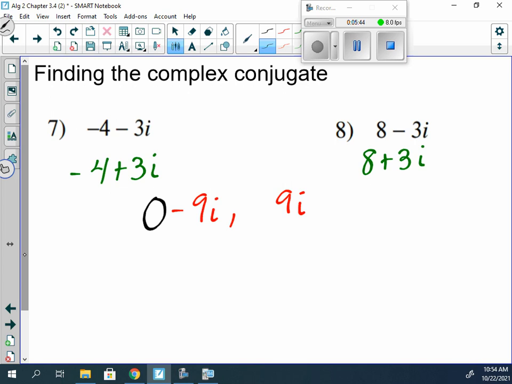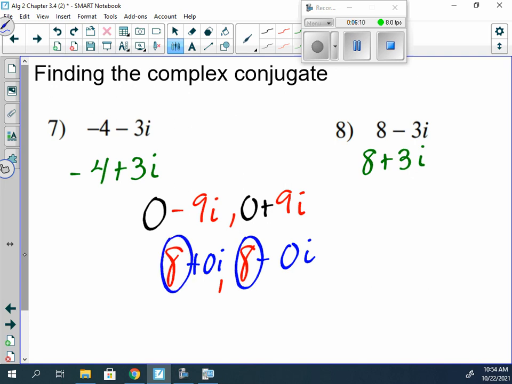So its complex conjugate would be? How about the complex conjugate of 8? It would just be 8, because it would be the same as plus 0i, which would be minus 0i, but it's still just 8. Any questions on this here?